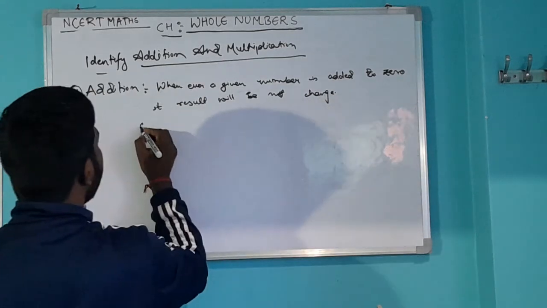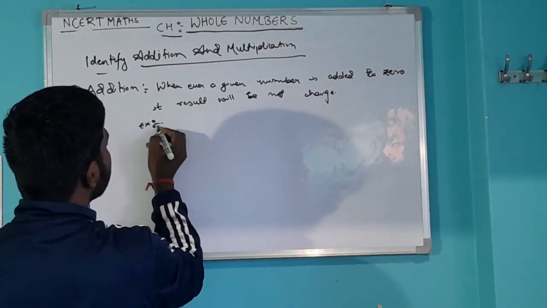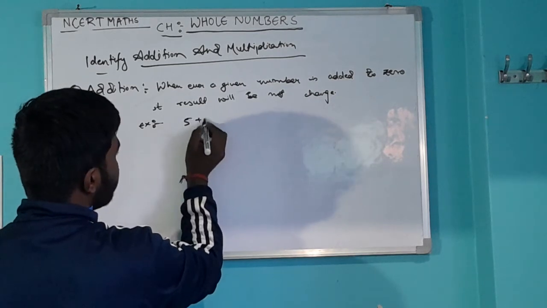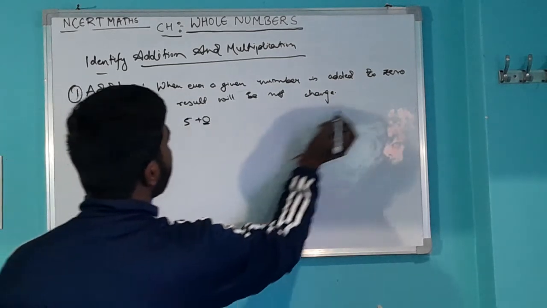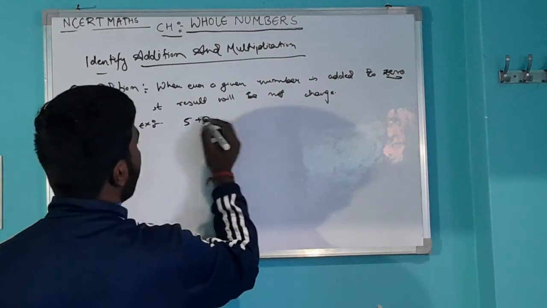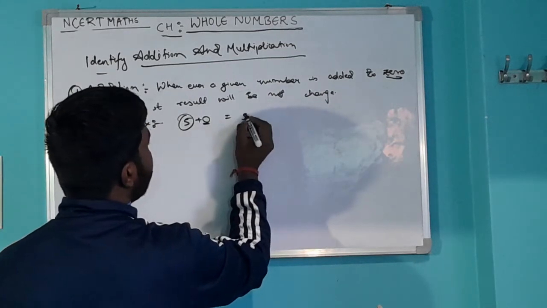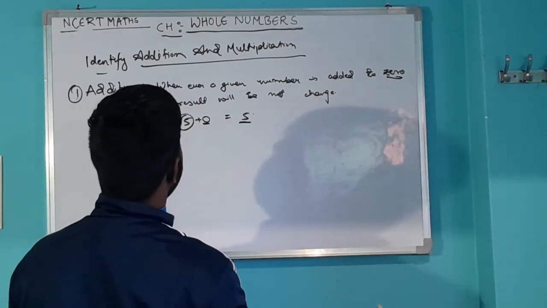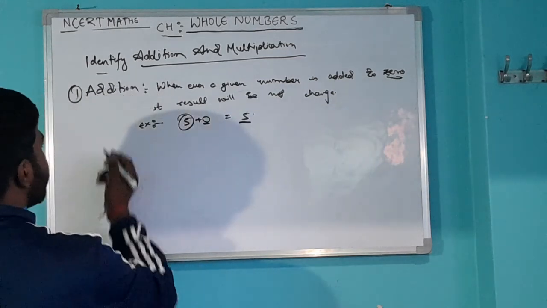Like when we add 5 plus 0, 0 is added to our given number, we get again 5. The result doesn't change. So this is the identification of addition.